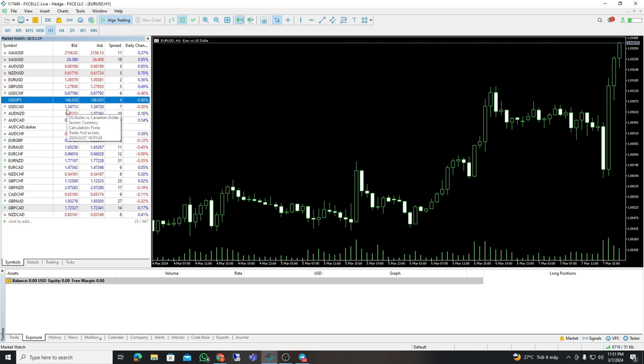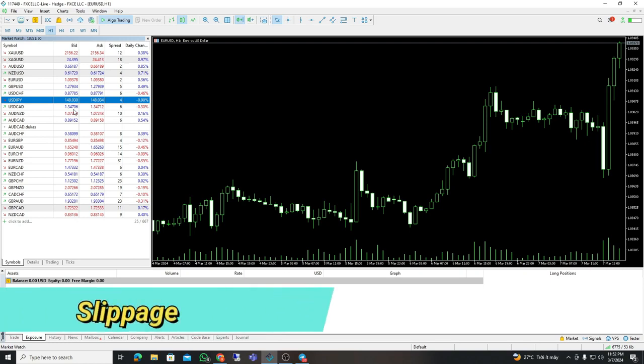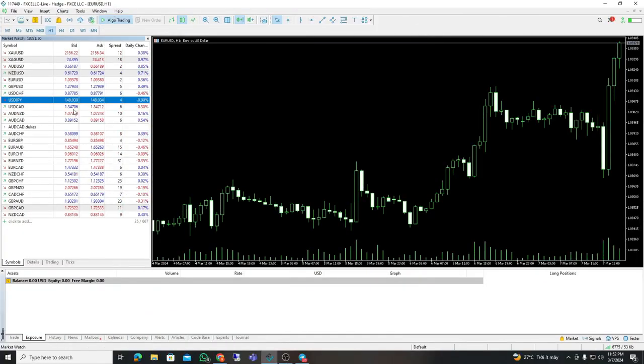When you place a sell order, of course you see, oh, it's 703. However, when you get into the order, it only gets in at around 1.3467 or 68. At that time, there is a difference between the price you placed and the actual price in the market right now. That is the slippage.